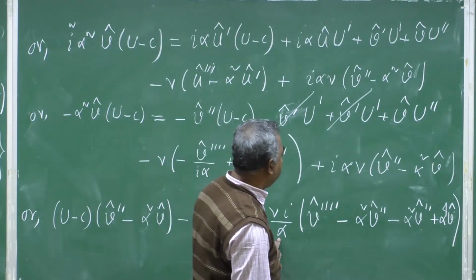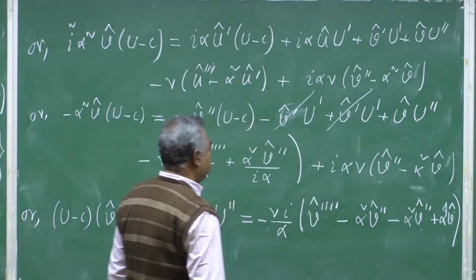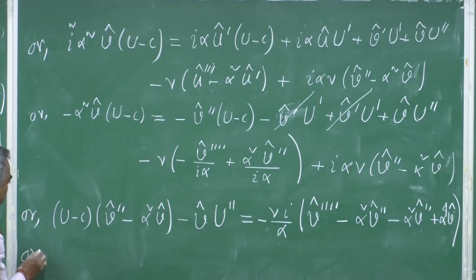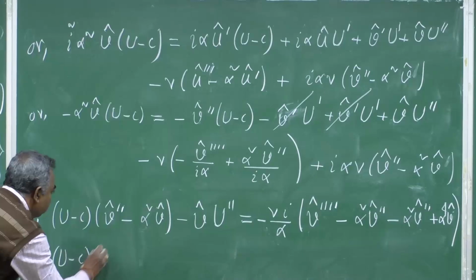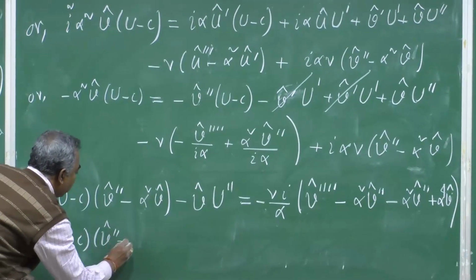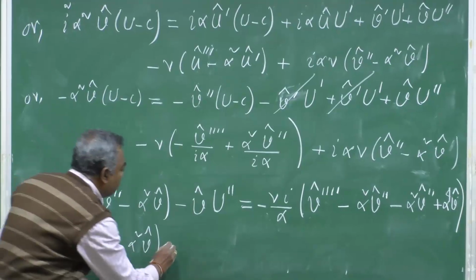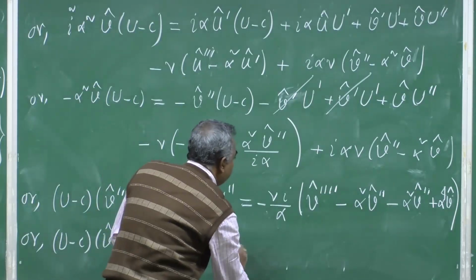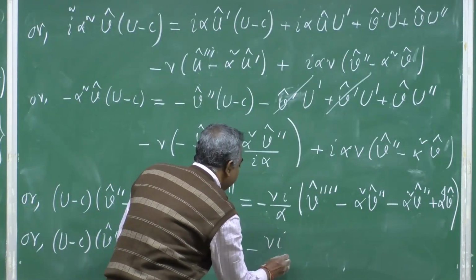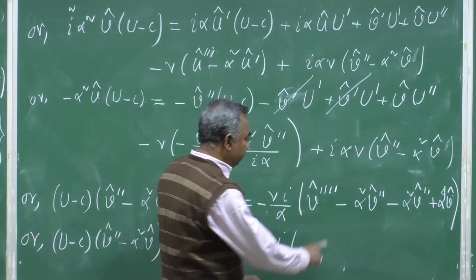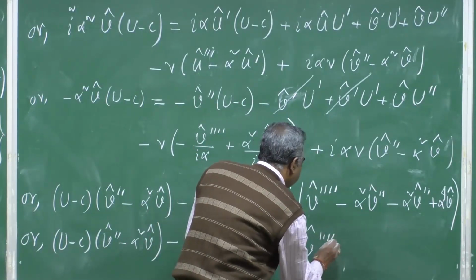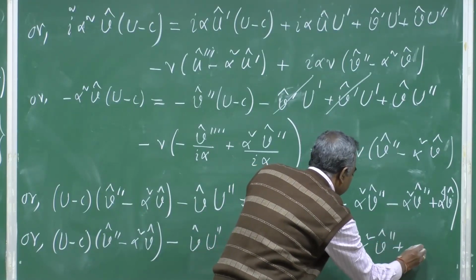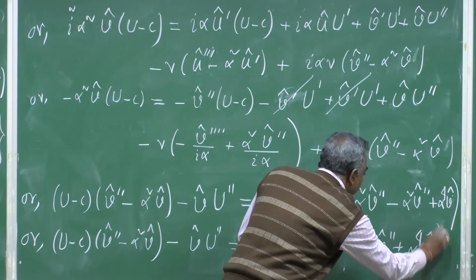Okay, I think this is fine. So, now if we see this particular equation, or you see what is the simplified form of this equation: v hat double prime alpha square v hat minus v hat u double prime, and minus nu I by alpha v hat, minus 2 alpha square v hat double prime plus alpha to the power 4 v hat.